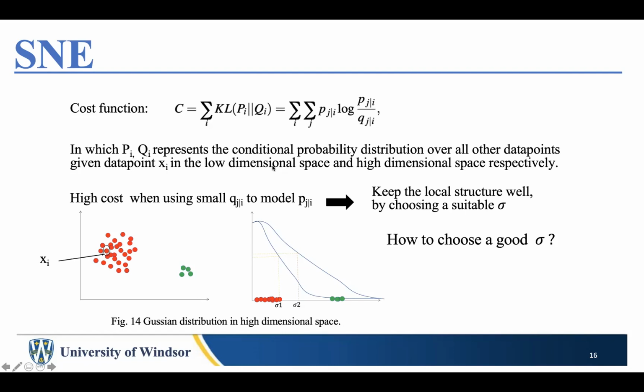When we use a small conditional probability in the low-dimensional space to model a large conditional probability in the high-dimensional space, it will cause a high cost.